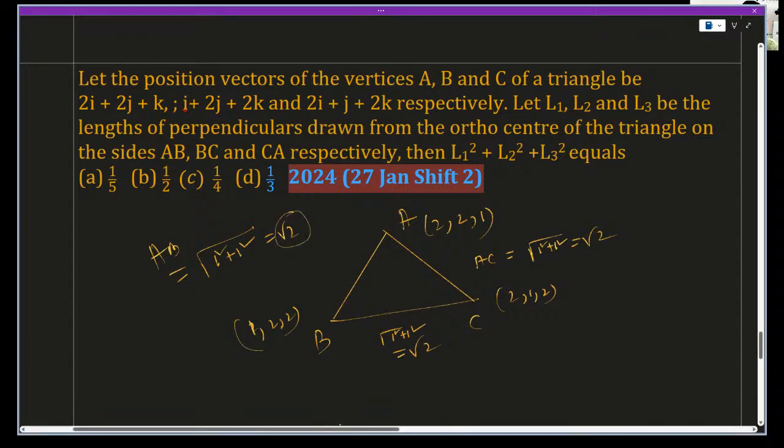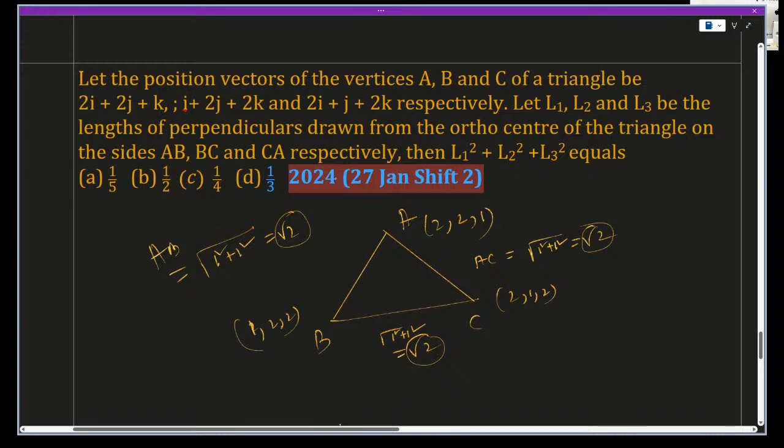So this is an equilateral triangle. For an equilateral triangle, all those centers, circumcenter, orthocenter, incenter and centroid, the four centers coincide.